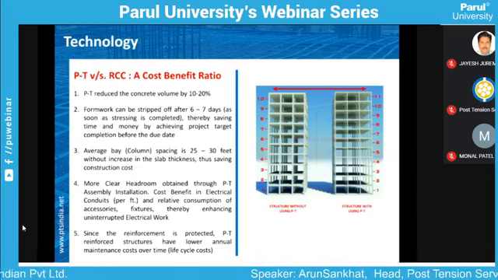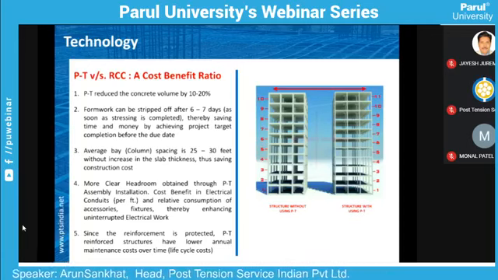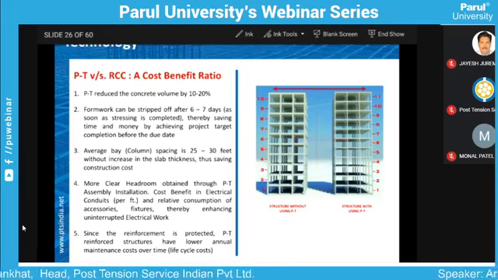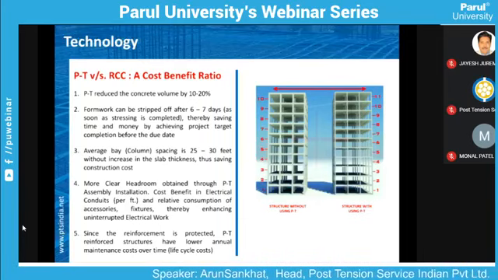You can avoid some columns, and you can avoid obstruction in the building. Also, there is stress control, so your reinforcement is protected, and that is how your maintenance cost would be less, and the overall life of the building will be more.